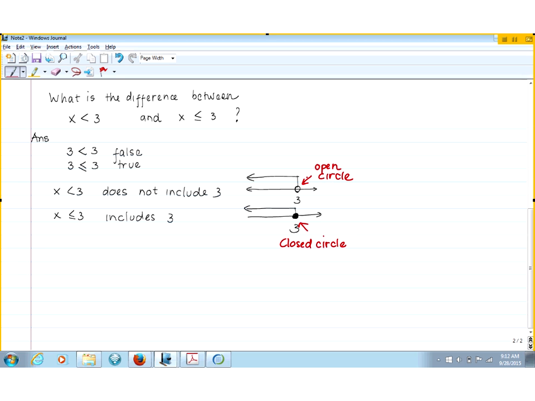Easy? Okay. So now let's talk about interval notation. So we talk about set builder notation. So let's talk about interval notation.